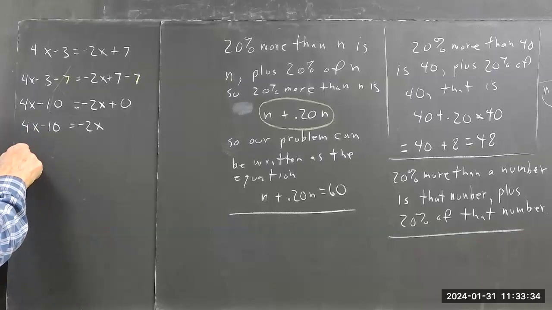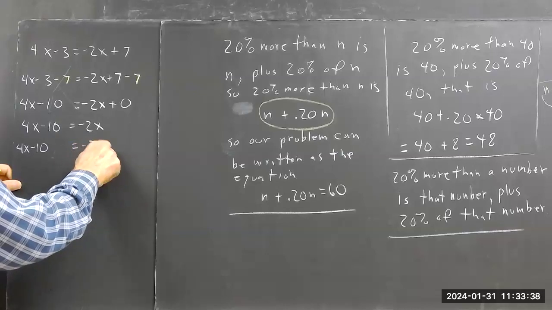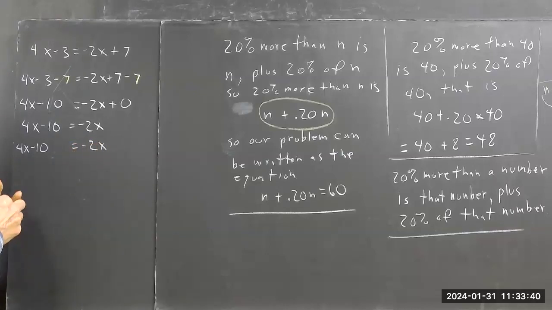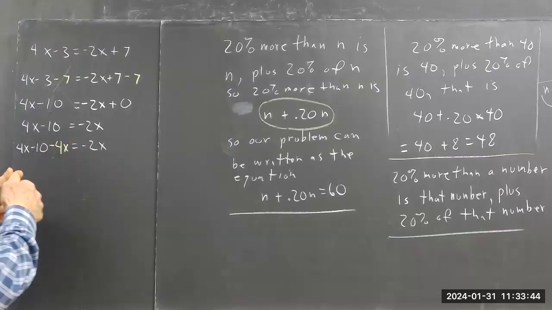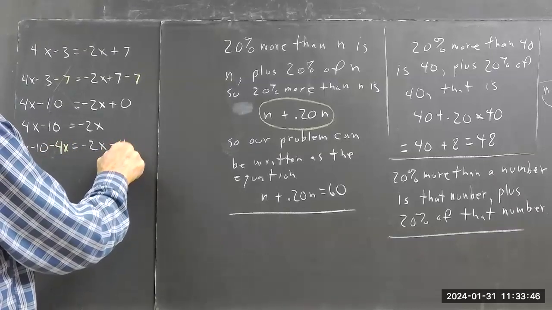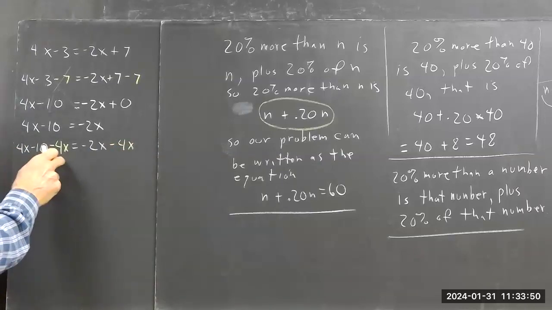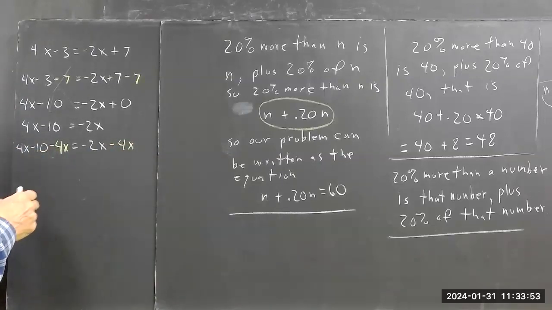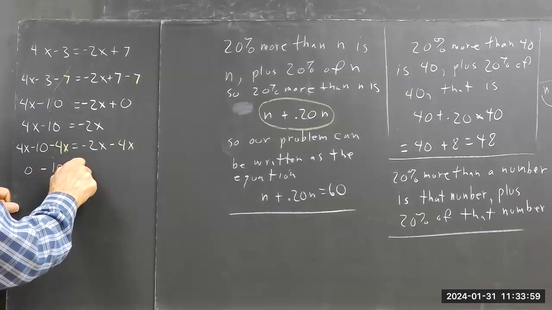So we have to subtract 4x from both sides. We have 4x minus 10 equals negative 2x, and then we subtract 4x. Well, 4x minus 4x is 0. And we have the negative 10. So we can write that as 0 minus 10.